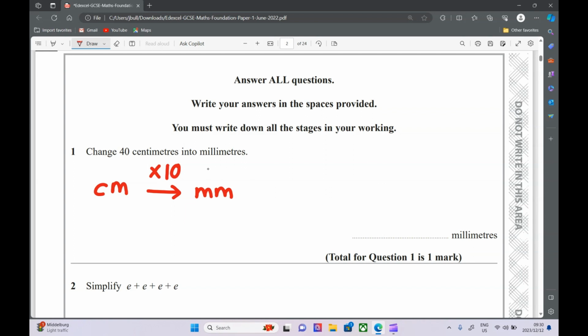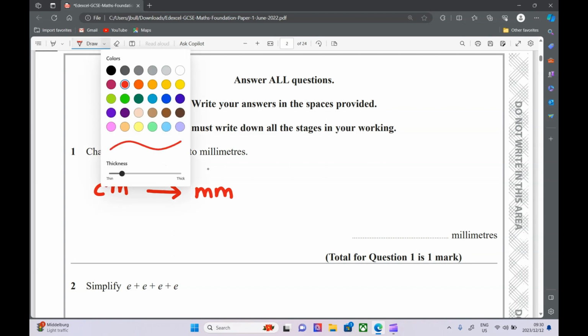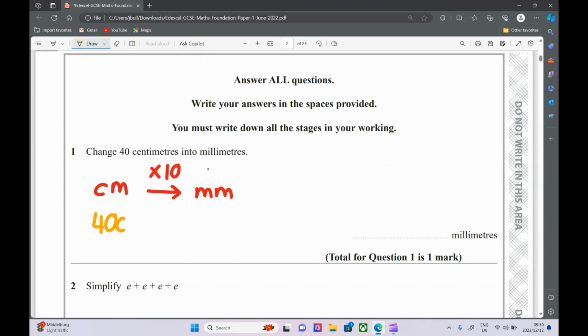So 40 centimeters times 10 will give me 400 millimeters. Remember, when you times by 10, you just add a 0 on. So my answer is 400 millimeters, which they already have there, so we don't need to write that down. So 400.